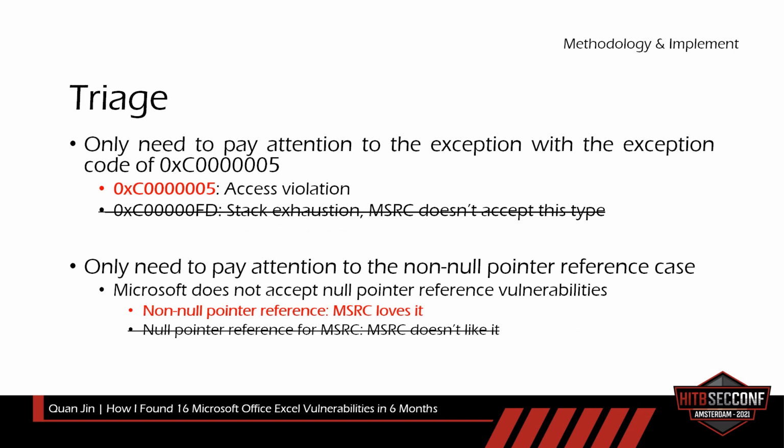During the fuzzing process, hundreds of crash files will be collected. How to effectively classify them is a science. Based on the existing experience, I mainly pay attention to the following conditions. Number 1. Access violation. The exception code is 0xC0000005.